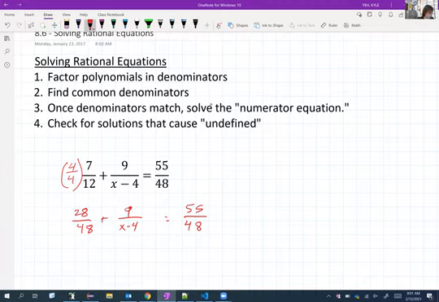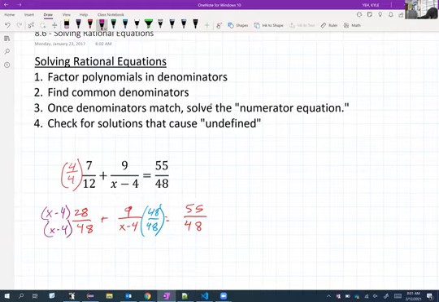But we need them all to match. So now I'm thinking, okay, what if I multiplied this by 48 over 48, and then these two by x minus 4 over x minus 4.